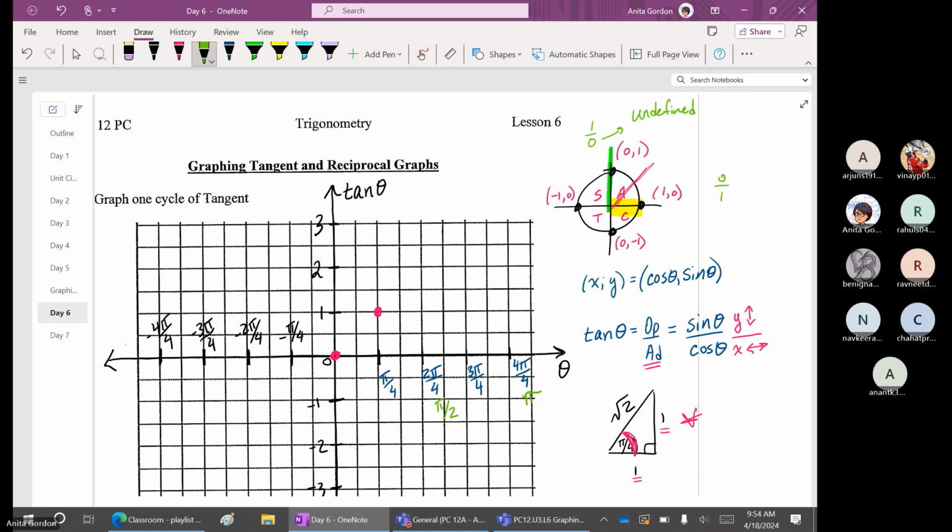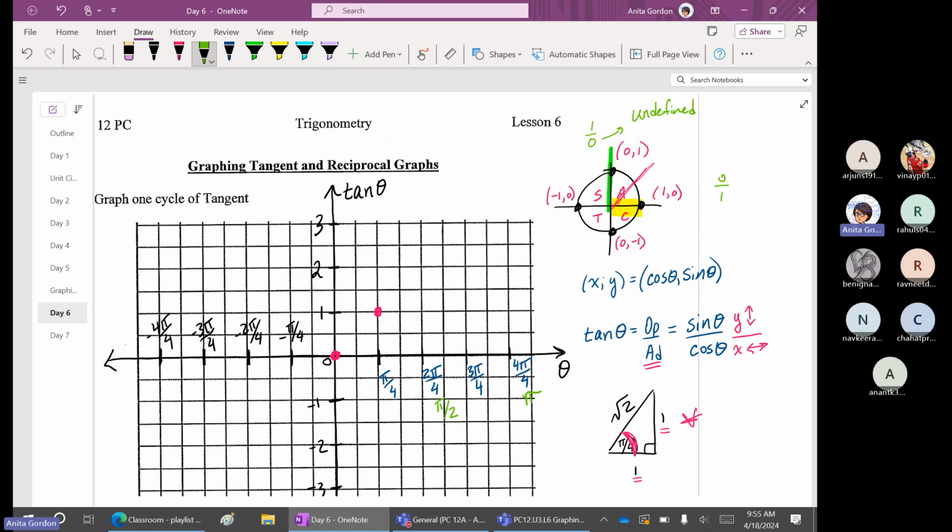It represents an asymptote, right? It represents a point that you are not allowed to touch because you're not allowed to have 0 in the denominator. So at pi by 2, we have an undefined value, or an asymptote, for tangent.